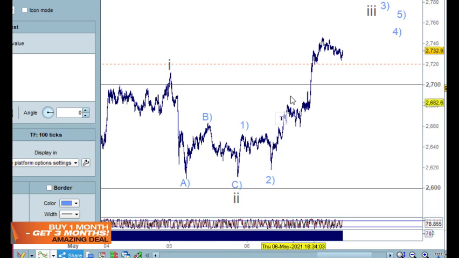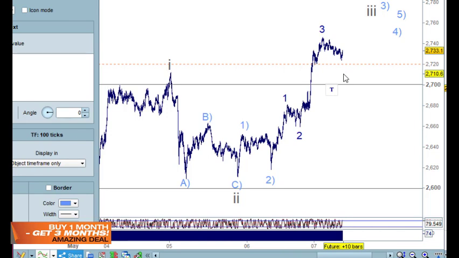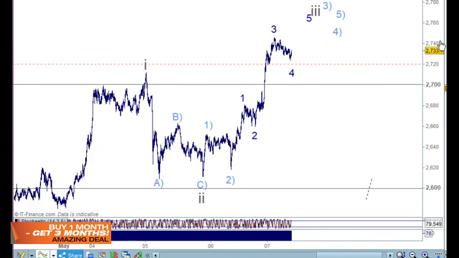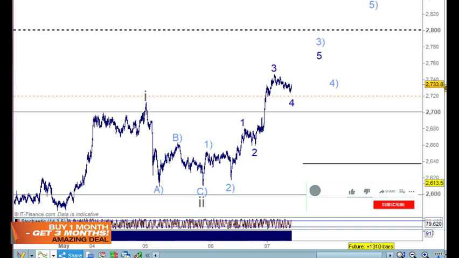We can count this here as 1 and 2, then third wave, fourth wave, fifth wave there. So that can go up there further. This fourth wave can pull back to this fourth wave, and then that will leave the fifth wave up there for the third. So that's sort of where we are with that at the moment. So that's why we can go in long.